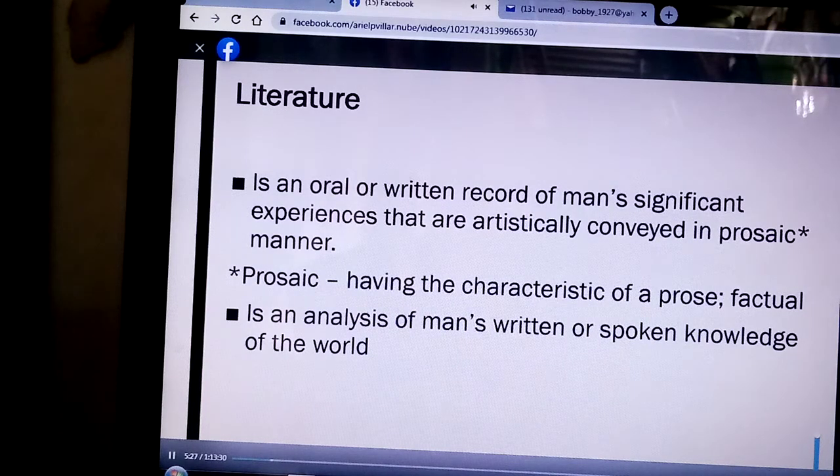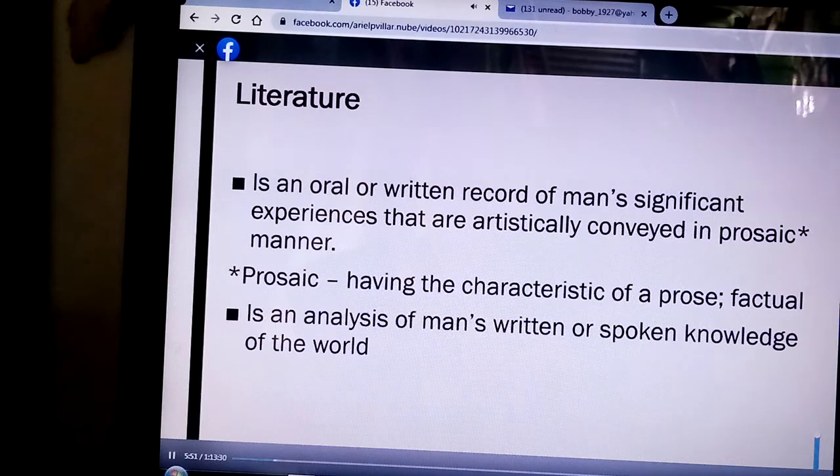I would like to be very clear that when you write your RRL, review of related literature, and your RRS, review of related studies, you should be writing all in paragraphs. Wala po tayong makikita na nilalagyan nyo ng numbers ang ideas. Wala tayong nakikita na nagbo-bullet po kayo. Okay, so everything should be written in paragraph form.